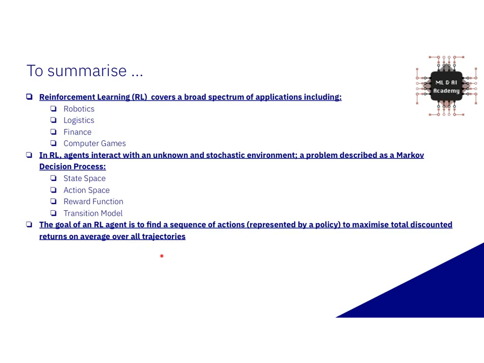And the goal of an RL agent is to find the sequence of actions, which is represented by the policy, to maximize the total return on average over all trajectories. And mathematically, that meant to us that we want to maximize over the policies the expectation over the trajectories sampled from the density which depends on the policy, of R total of tau.